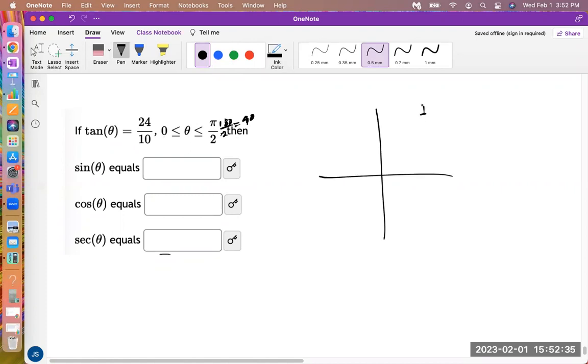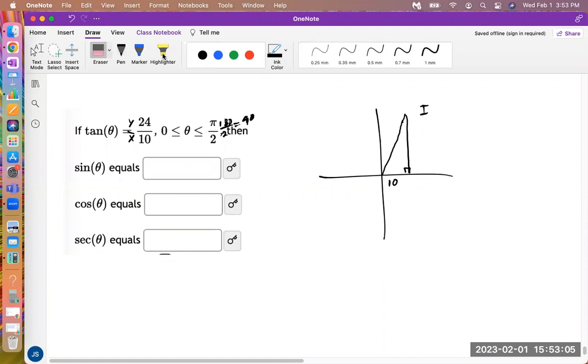So it's best if I can draw an angle that has sides so that if it's on the unit circle, it's y over x. So the y value is a lot taller than the x value. So like this. Here we go. So this side being 24 and this side being 10.